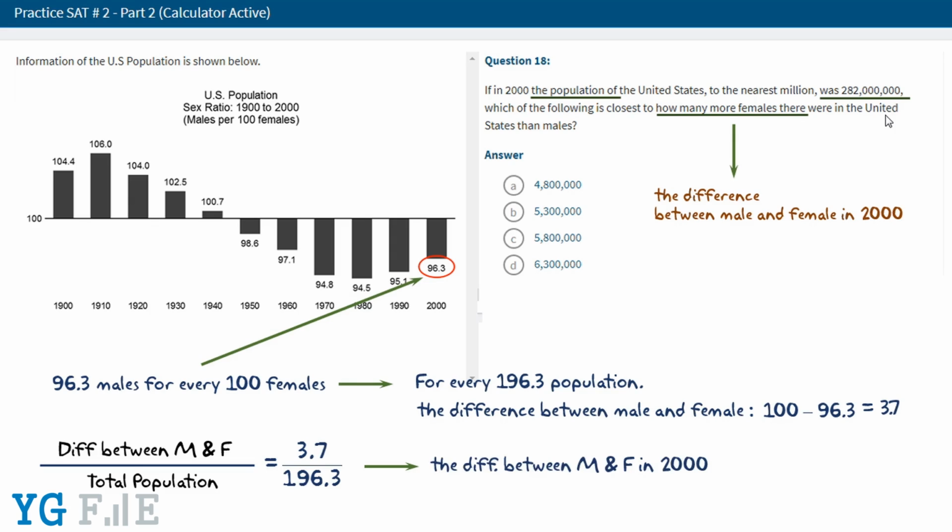So the difference in 2000 is the product of this ratio and 282 million. Using our calculator, we get 5,315,333.67. This is the difference between male and female in 2000, and the closest number to this result is 5,300,000. Therefore, the answer for this problem is B.